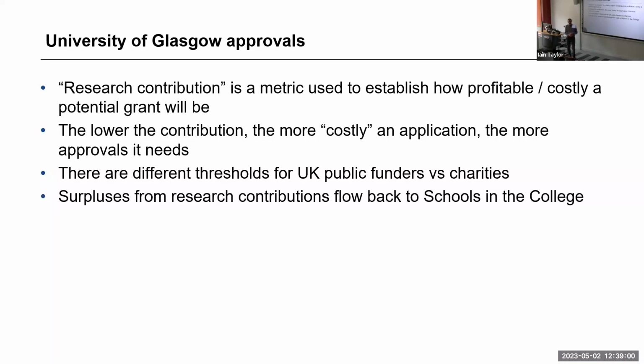It depends so much on the salary levels. So for our really expensive people, the research contribution tends to be bad because the indirect cost is a lower proportion of the overall cost.